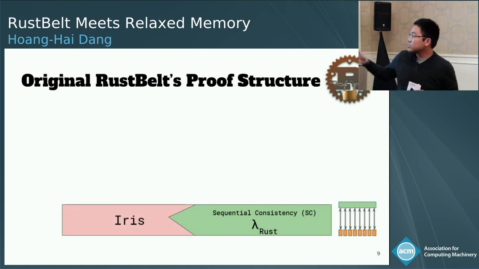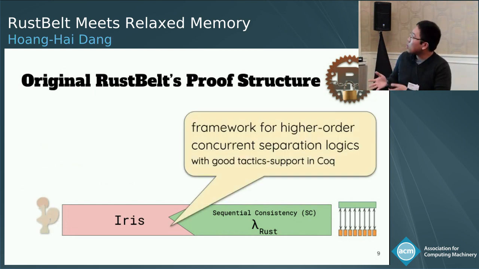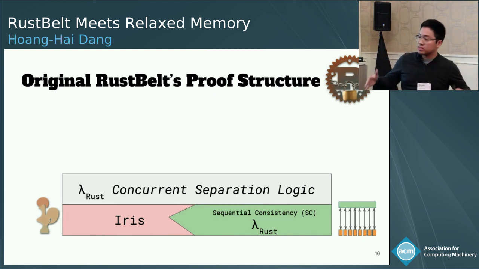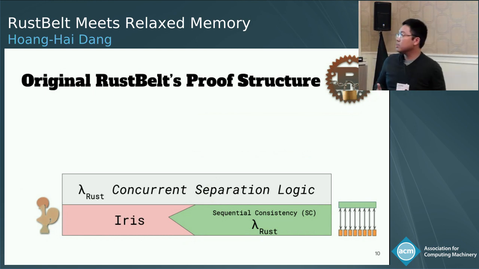The authors then instantiated lambda Rust in the Iris framework, which is a framework for building higher-order concurrent separation logics, which are very important for having a modular proof structure so that we can deal with the complexity of the language with reasonable verification effort. The authors used the framework to derive a concurrent separation logic for lambda Rust.